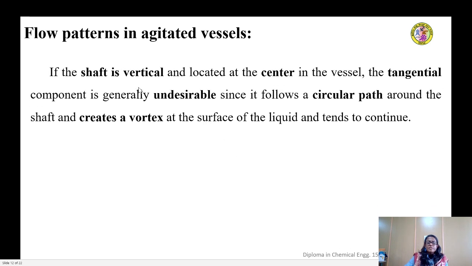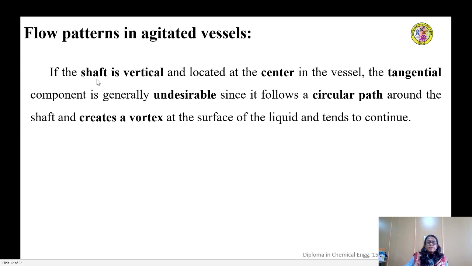If the shaft is vertical and located at the center of the vessel, the tangential component is generally undesirable, since it follows a circular path around the shaft and tends to continue. This is the problem with the tangential component.